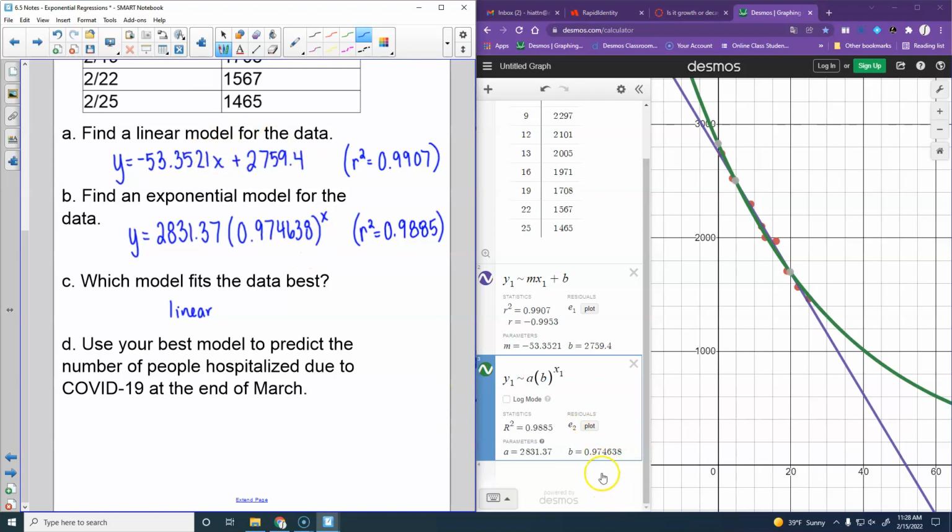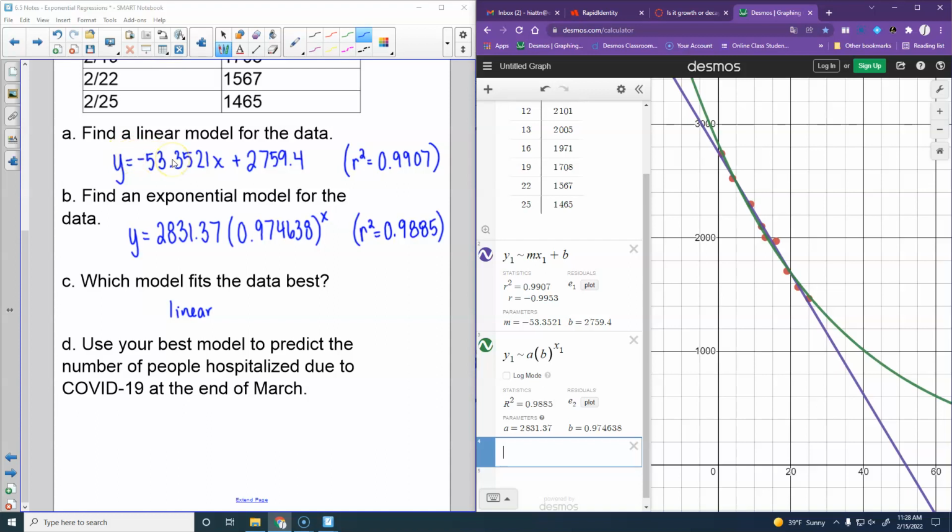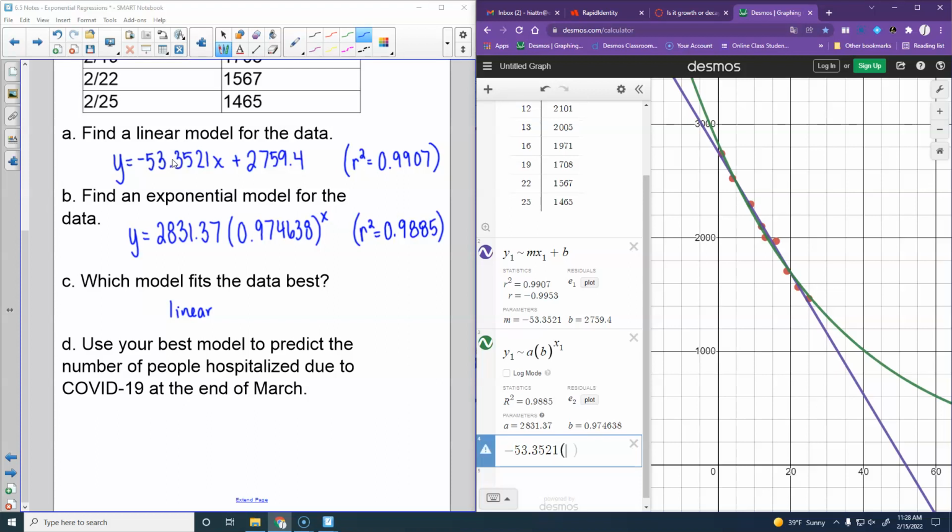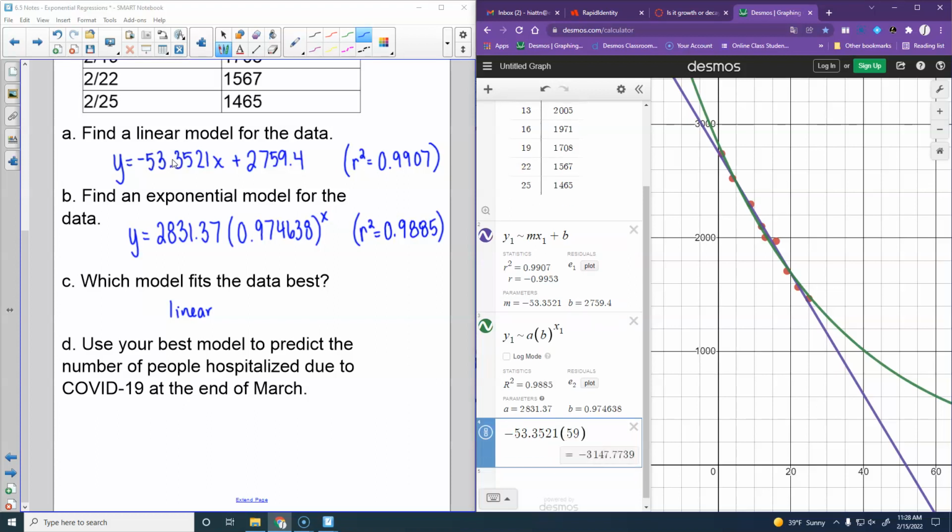So my linear model was best. To do that, I do negative 53.3521 times 59 plus 2759.4. And look what I get. Linear is going to give me something that we just said can't happen, negative 388.3739.